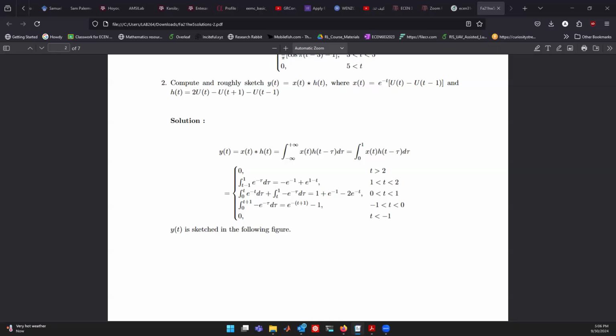Let's get back to the definition. The definition of the impulse response is t u(t) minus u(t plus 1) minus u(t minus 1). What we have plotted here is 2u(t) minus u(t plus 1) minus u(t), because it started from here. It should start from this area. So let me correct this one.